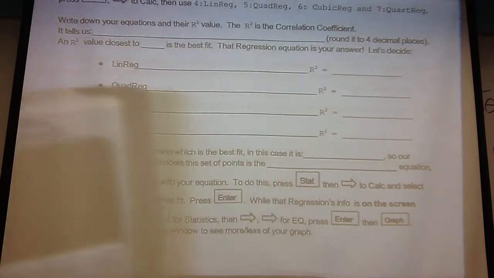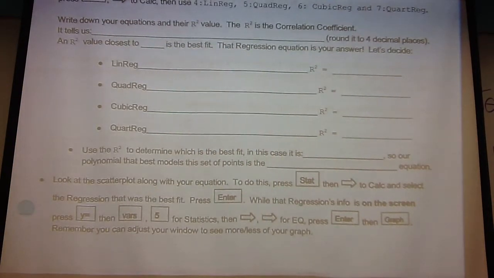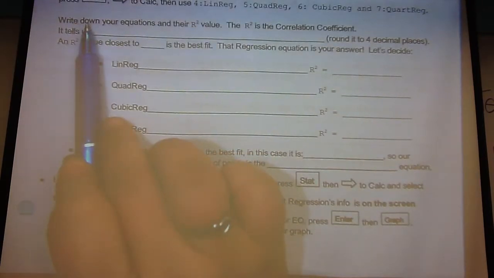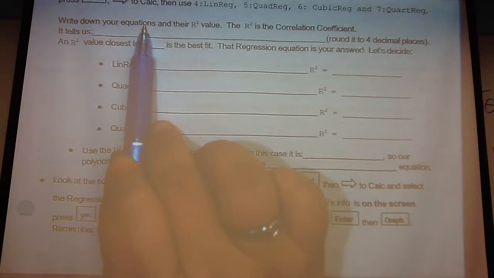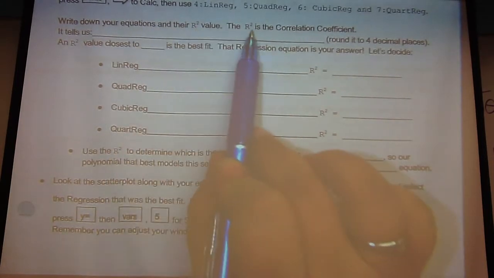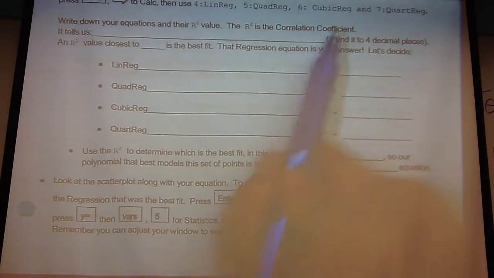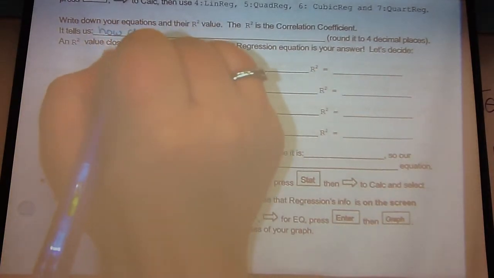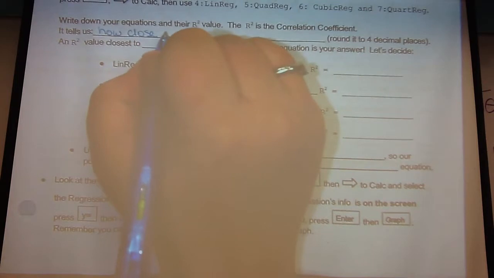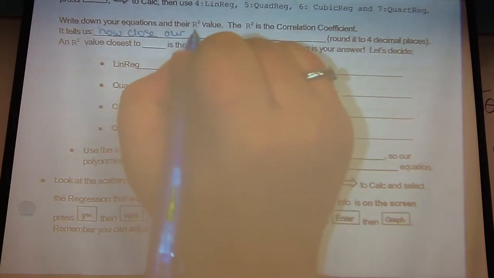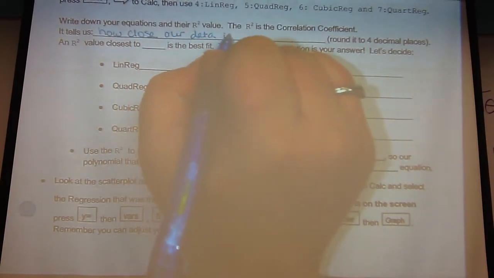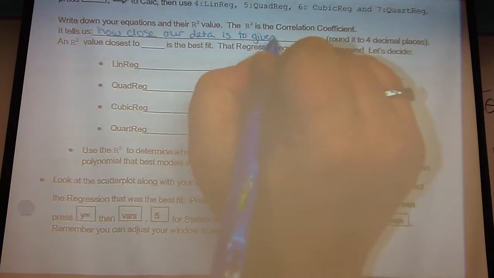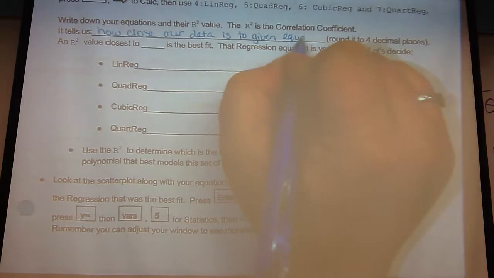Okay. Oh, I forgot to talk about this. When we do those, we need to write down our equations and their R squared value. The R squared value is called the correlation coefficient, and it tells us how close our data is to the given equation.